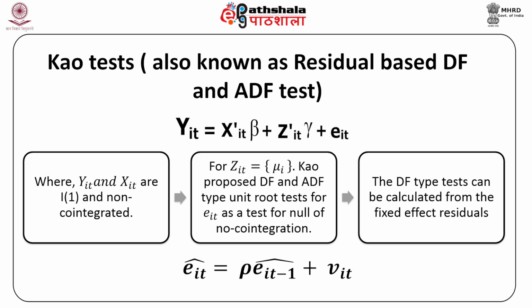In order to test the null hypothesis of no cointegration, the null can be written as H0: ρ = 1.